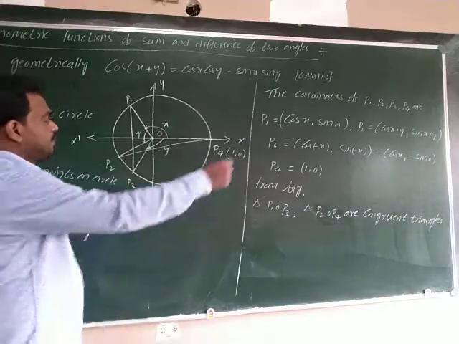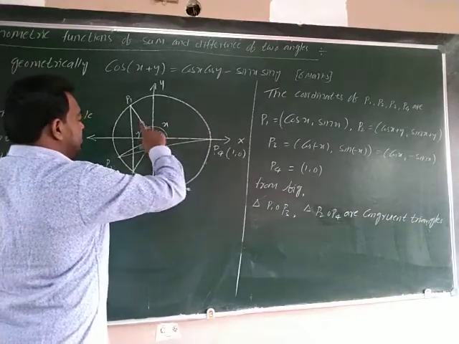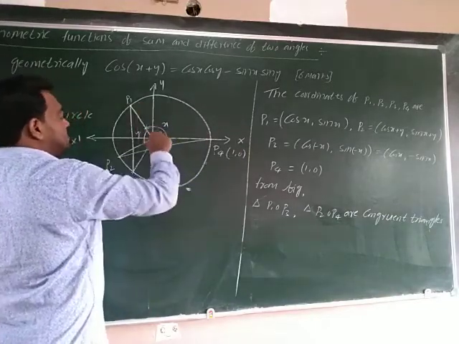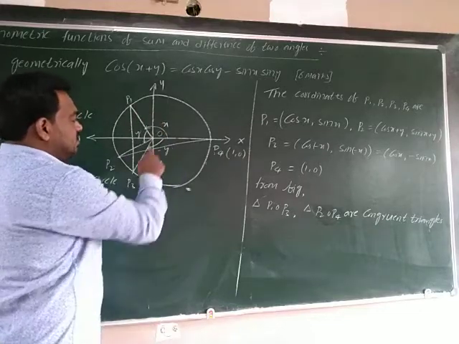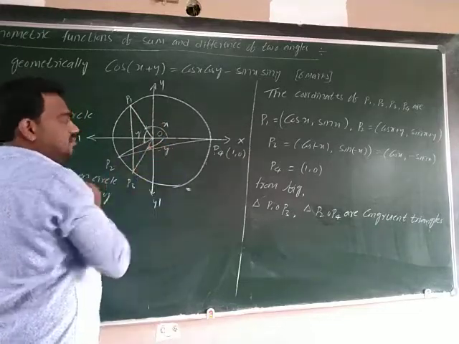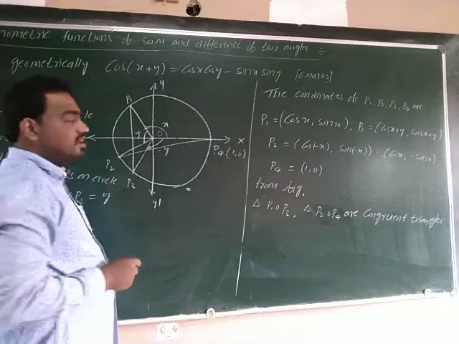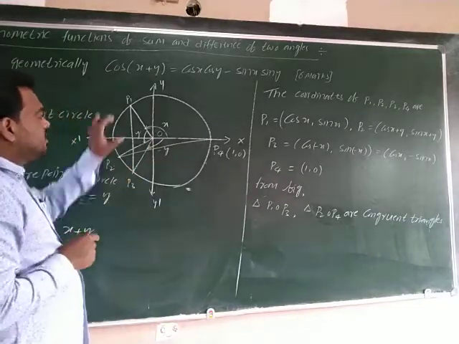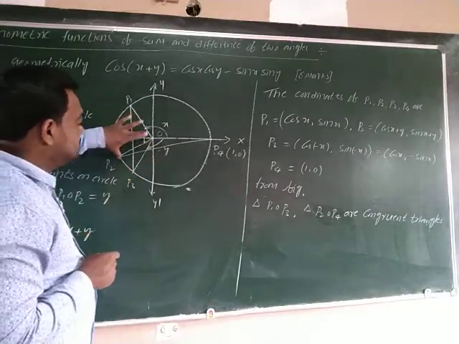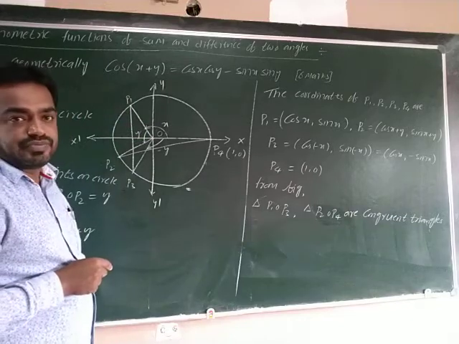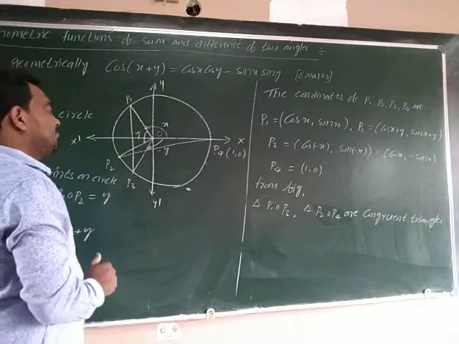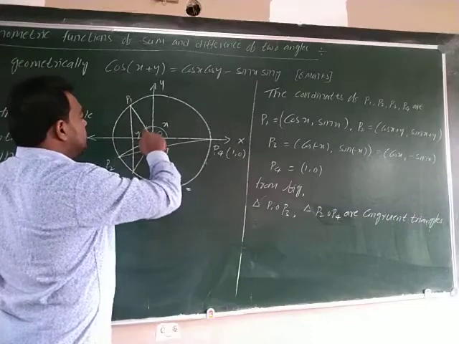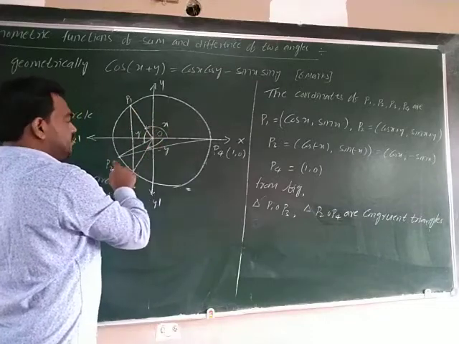See here, in this triangle, side OP1 is the radius. In this triangle, OP2 is the radius. That means this length is equal to 1, this length is equal to 1. Right? Next, angle P1 O P3 is equal to what?